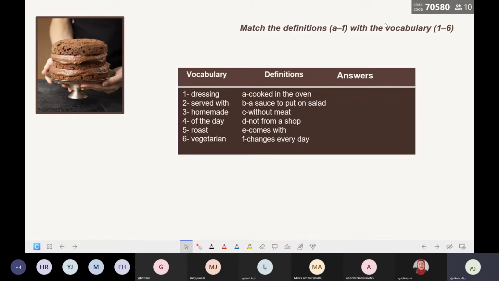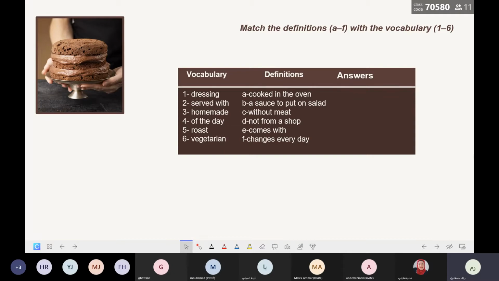Okay, let me check who else. Mr. Muhammad. Roast. Changes every day. Roast, no. If I say roast, it means cook it how?